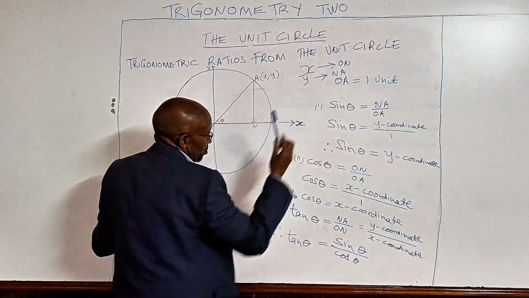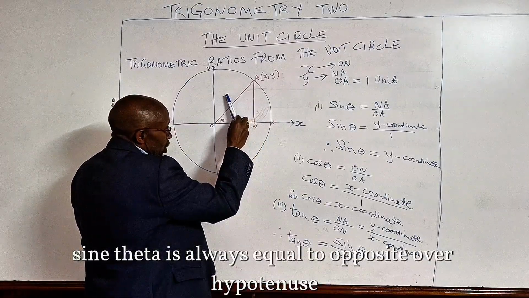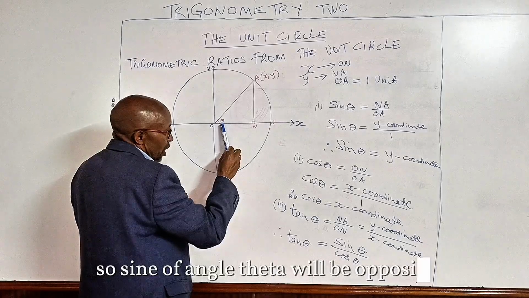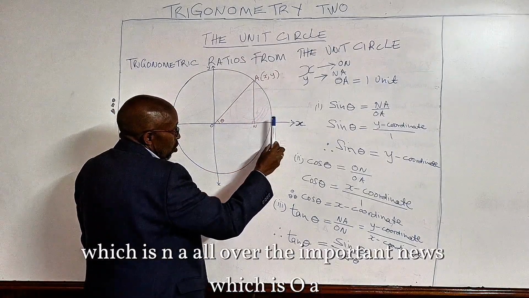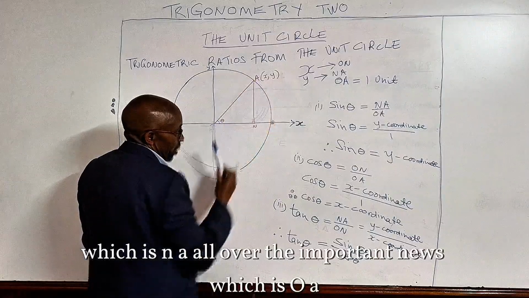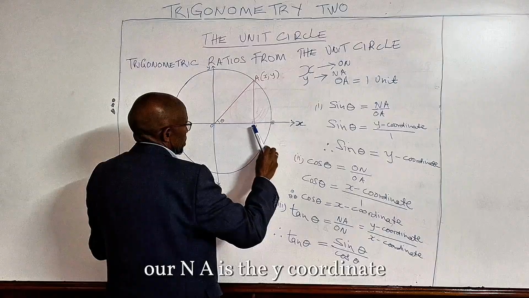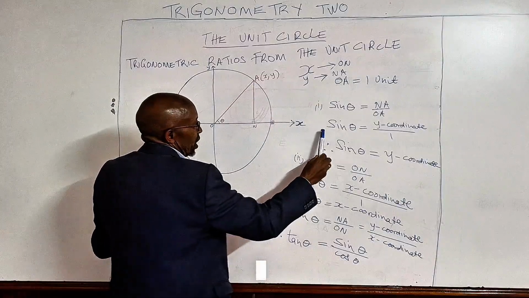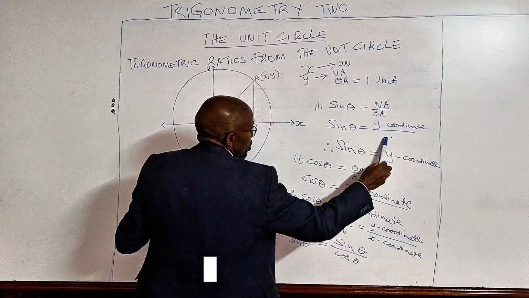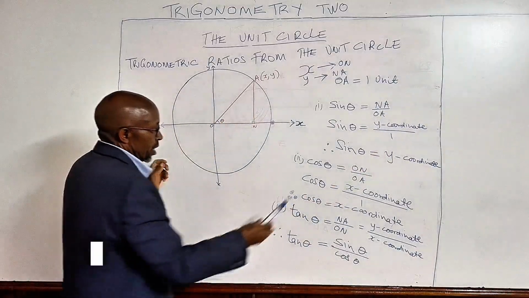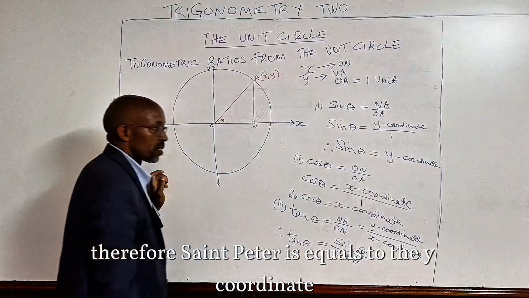Sine theta is always equal to opposite over hypotenuse. So sine of angle theta will be opposite, which is NA, all over the hypotenuse, which is OA. Our NA is the y-coordinate. So sin theta is equal to y-coordinate all over our OA, which is 1 unit. Therefore, sin theta is equal to the y-coordinate.